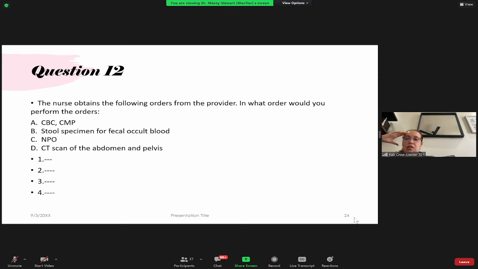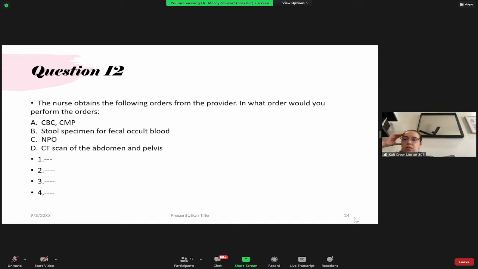Okay, so how would we work through this? If you get an order for a patient, you would do the lab work first. You make them NPO first. You do the lab work because more than likely they have to wait for the CAT scan because it has to be scheduled, right?